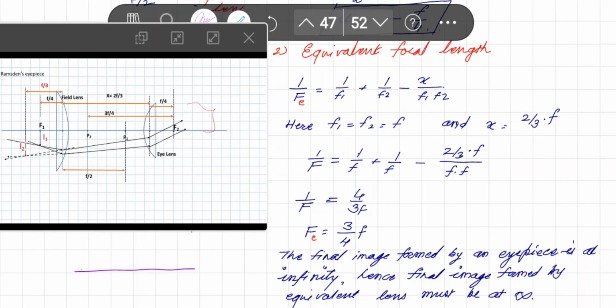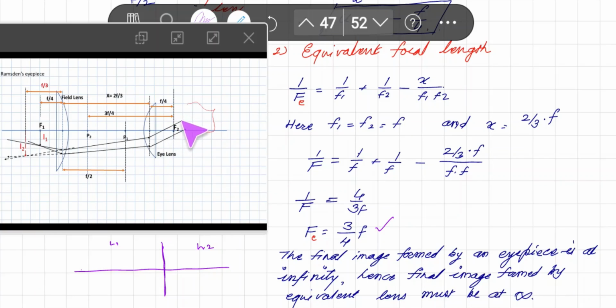Now let us consider replacing this system by an equivalent lens system. Suppose instead of using L1 and L2, we keep an equivalent lens here, which has focal length 3 by 4f. We know that the final image formed by an eyepiece is at infinity, because the rays are parallel.